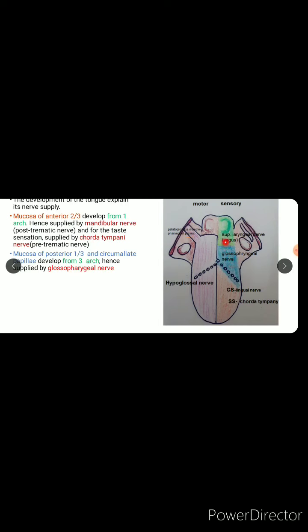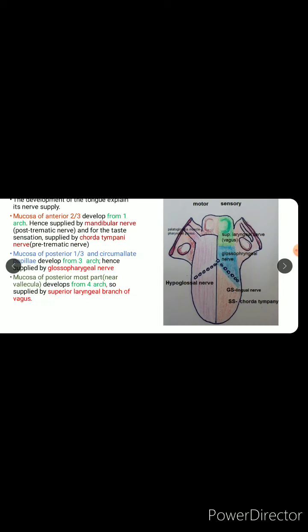Now, the posterior-most part is developed from the fourth arch. This part is supplied by the superior laryngeal nerve, a branch of the vagus, which carries general as well as taste sensation from the posterior-most part of the tongue.